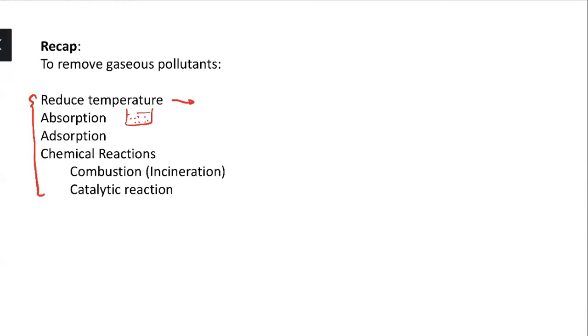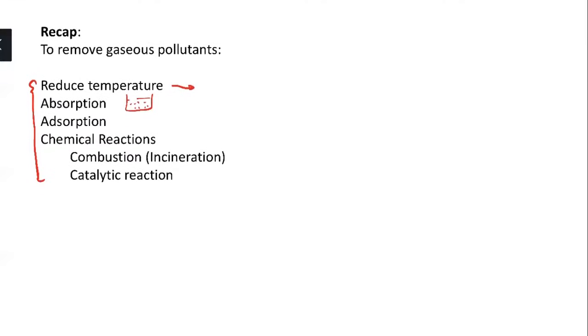We can use this method to remove the sulfur dioxide, by exposing these gas species to the liquid. We can also use adsorption. So adsorption means the gas molecules can just get adhered to the surface of the solid. We mentioned that we can use the activated carbon to remove the VOCs.